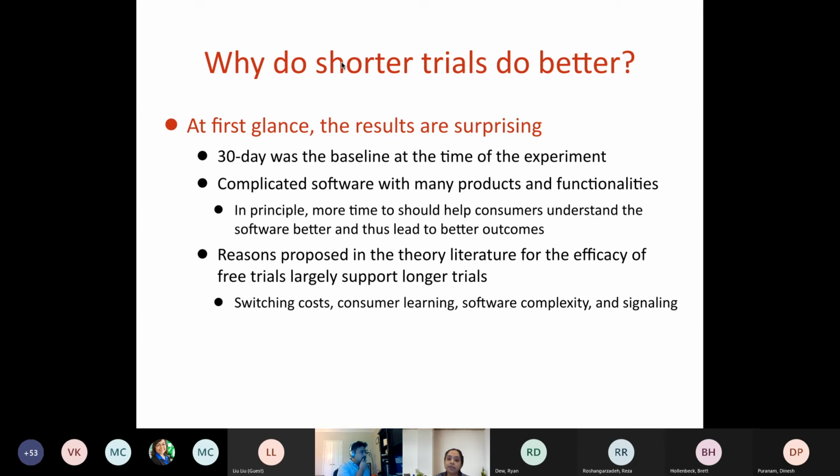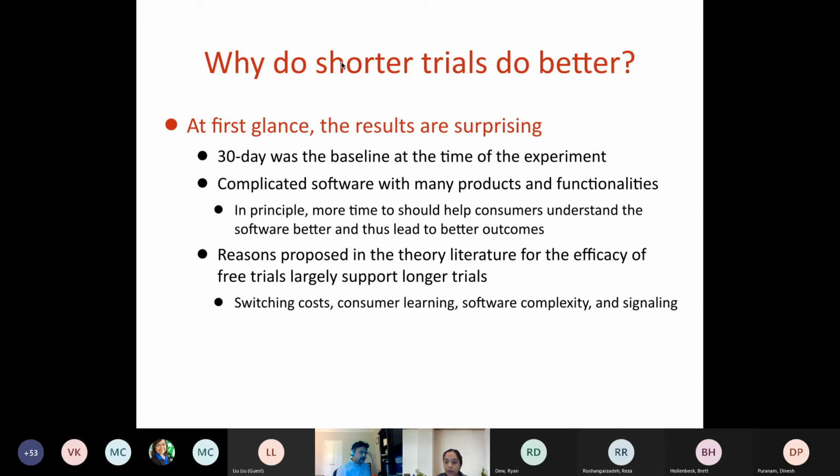At first glance, certainly for the firm and for us as well, this was surprising for many reasons. The first is that 30 days was the baseline at the time of the experiment. And this is a relatively complicated software with many products and functionalities. So in principle, we would think that more time should help consumers understand the software better and thus lead to better outcomes.